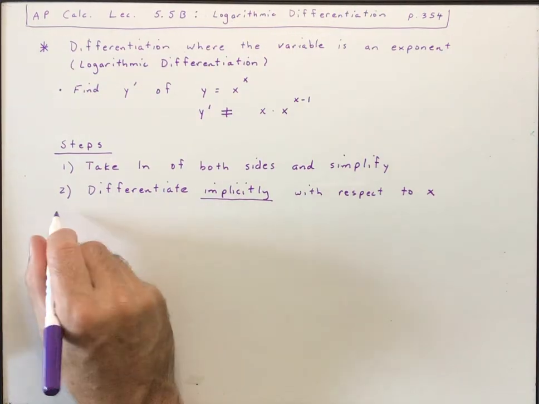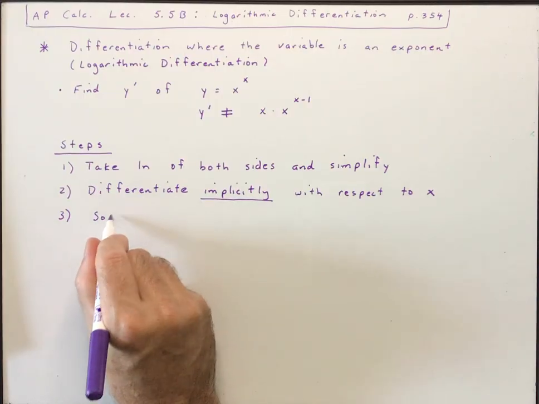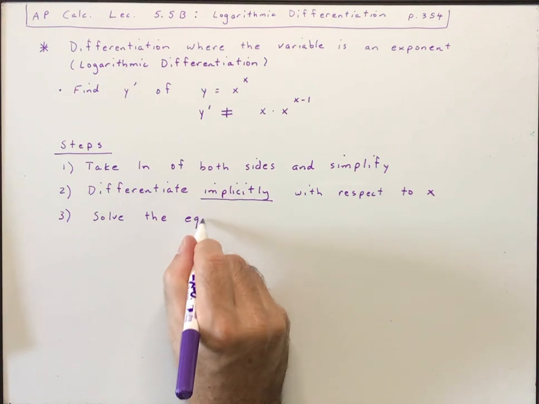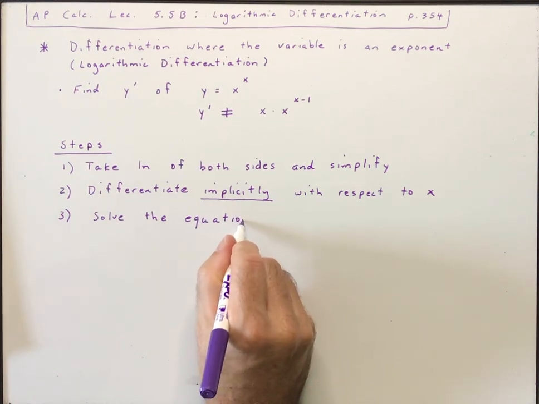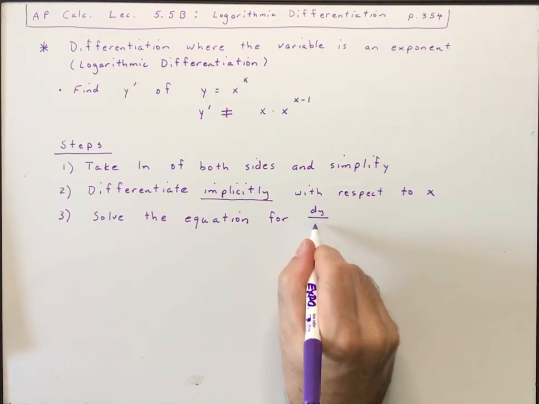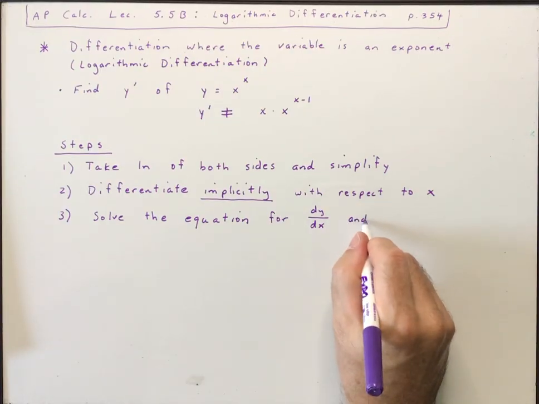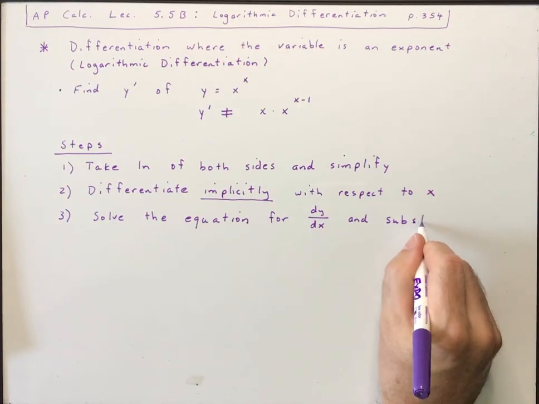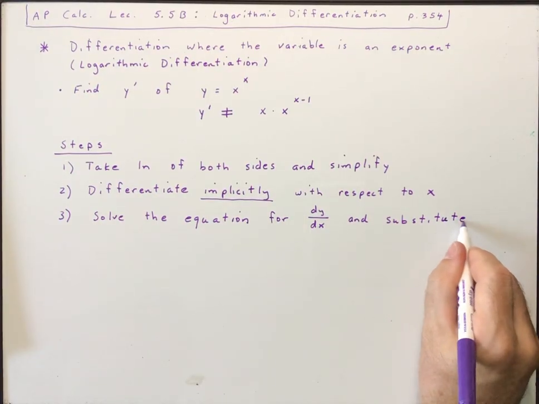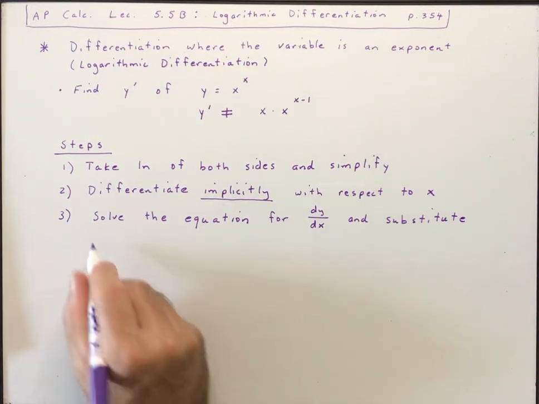Sometimes it's t, whatever. And then step 3, we're going to solve the equation for dy dx and substitute f of x for each y.